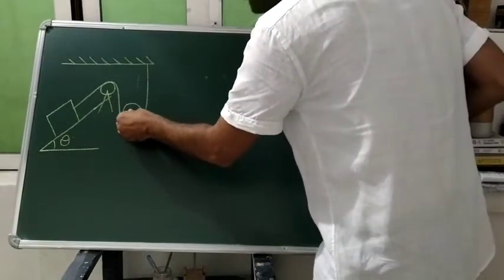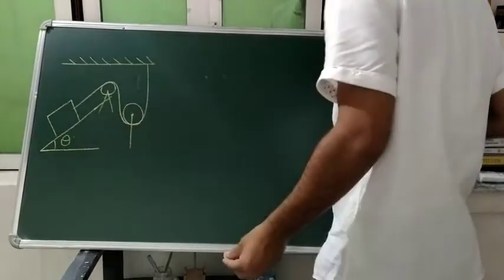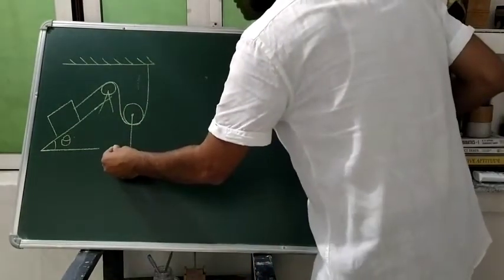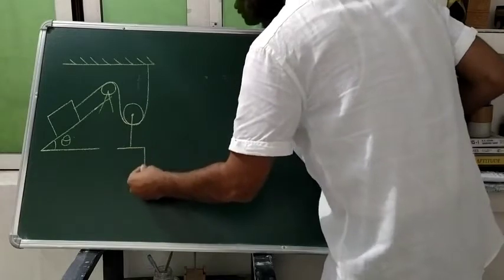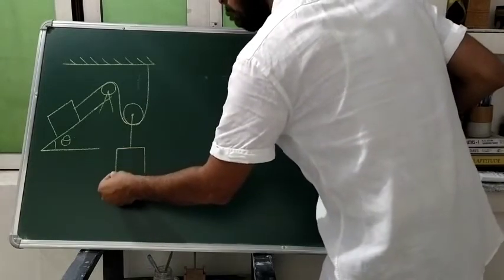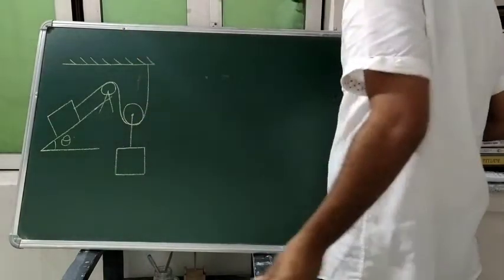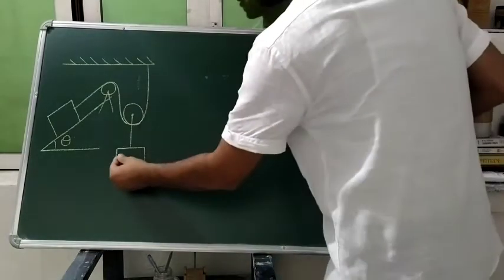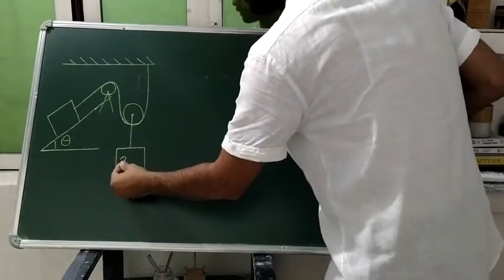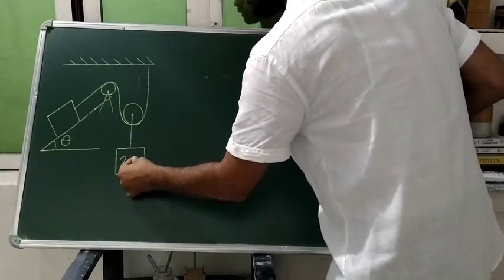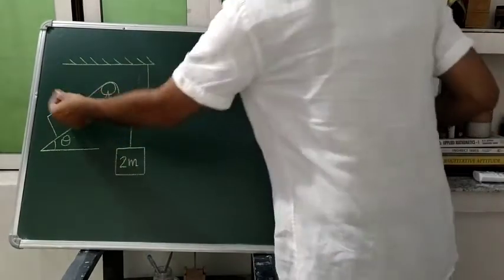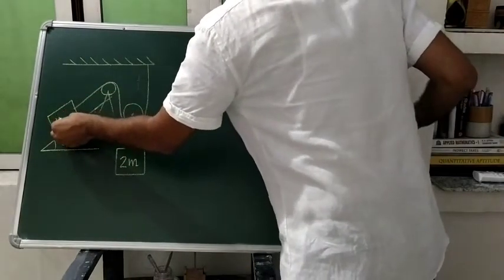there is another string which is hanging a block of mass 2m here, and the mass of this block is m.